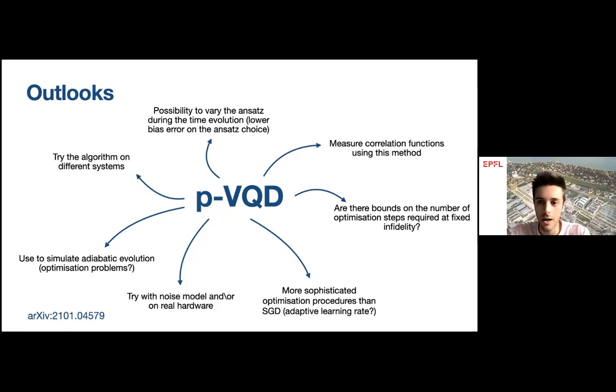And to know if there are bounds on optimization, maybe use it to measure correlation functions, which are very interesting for the dynamics of quantum systems, and maybe the possibility to vary the ansatz during the time evolution, so make the ansatz dynamic in order to decrease the bias error due to the ansatz choice. So these are my thoughts about what we could do to improve these methods.